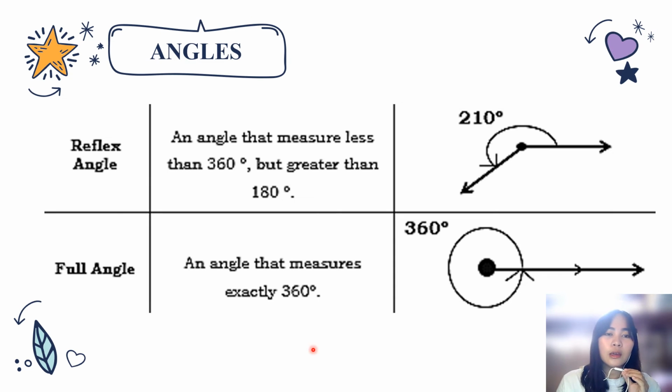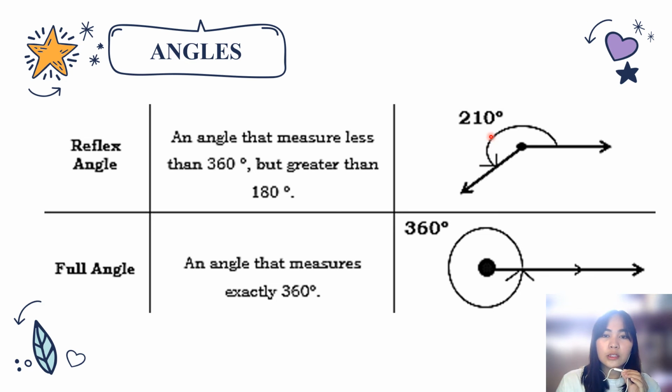Now we have here another types of angle, the reflex angle, an angle that measures less than 360 degrees but greater than 180 degrees. Meaning, gamay siya sa 360 degrees, but dako siya sa 180 degrees. Now, here our example is 210 degrees.